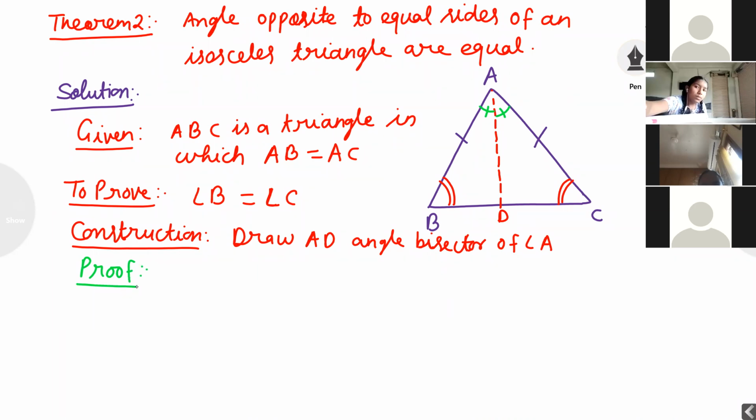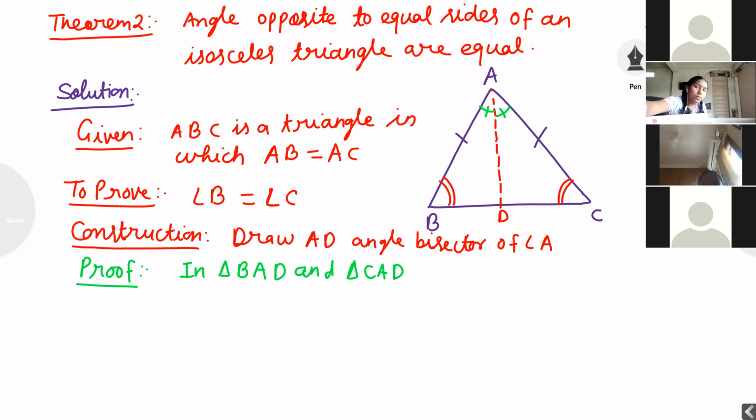Now in this figure, there are two triangles. The first triangle is BAD, the second is CAD. In triangle BAD and triangle CAD, the first statement is AB is equal to AC.